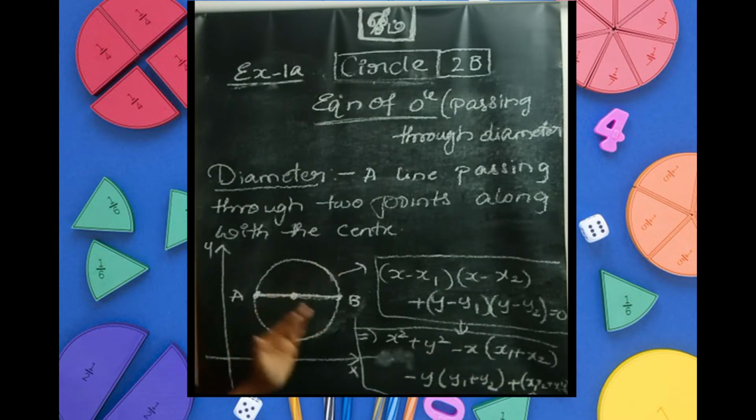This is the equation of the diameter form. Now let's see the problems on this diameter.